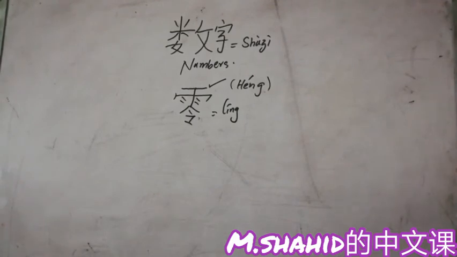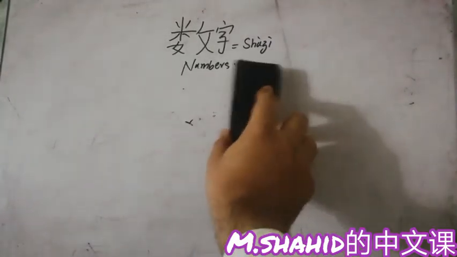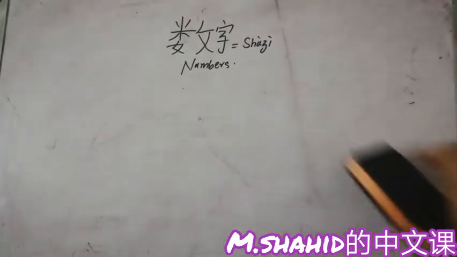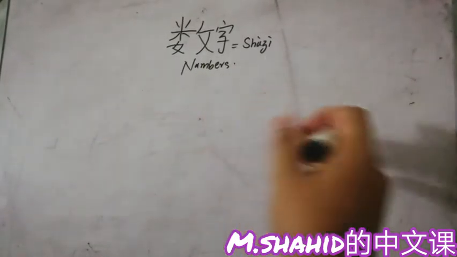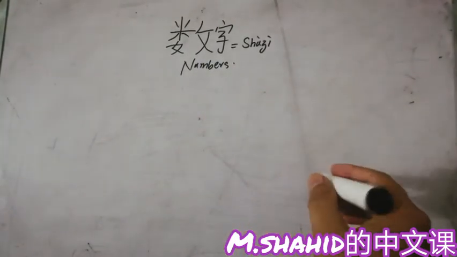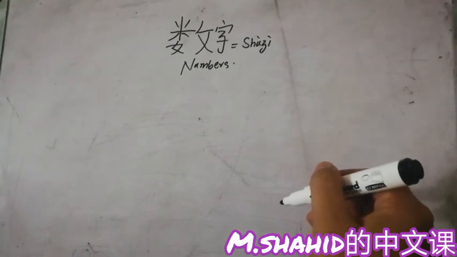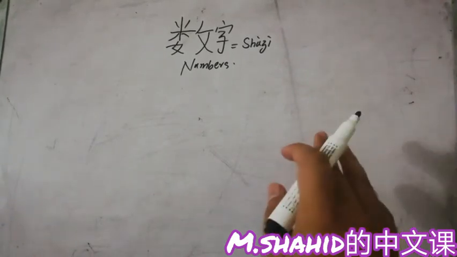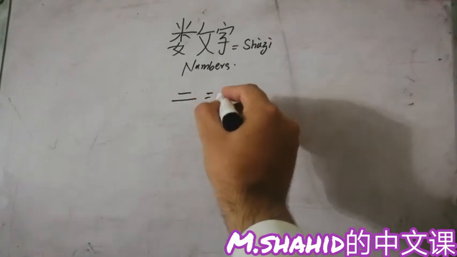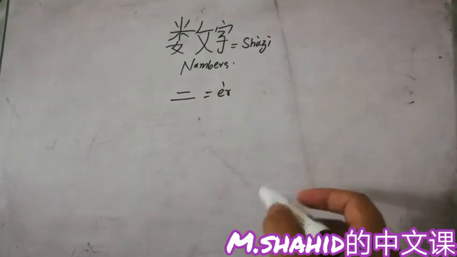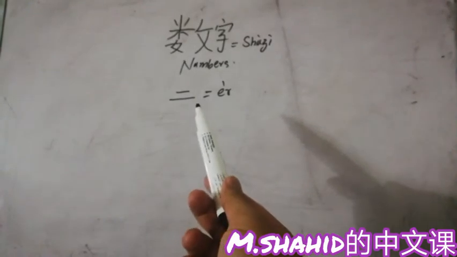to 100. We already know how we are going to write the number 20. I told you that if you have memorized the numbers from 0 to 10, then you already know the character for writing 2 in Chinese.